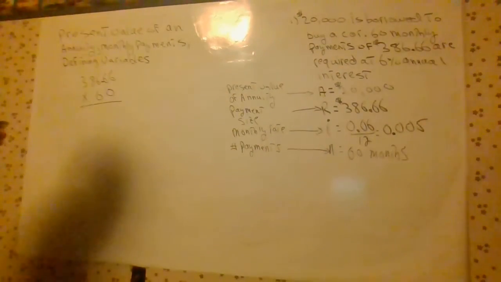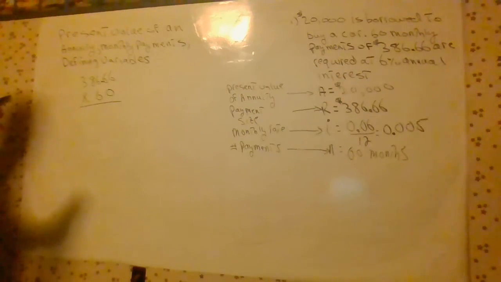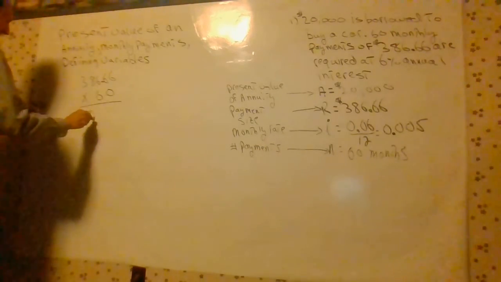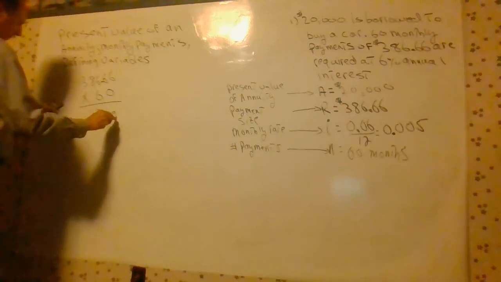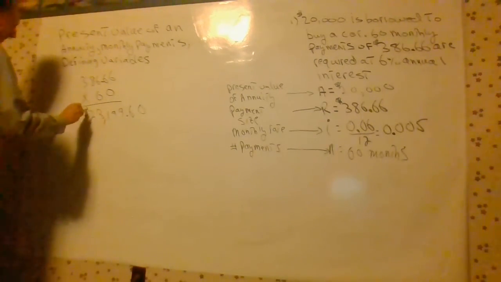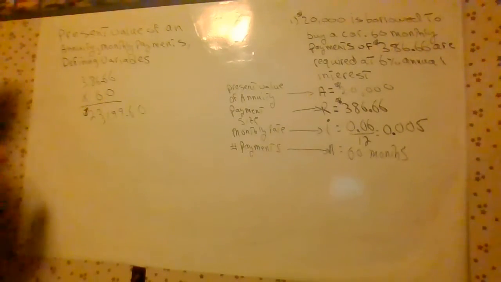And let's see if we can figure out how much that is. 386.66 times 60 equals 23,199.60. That's total payments.